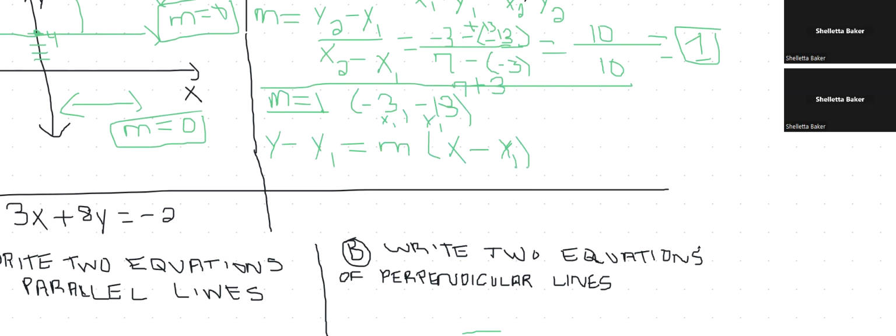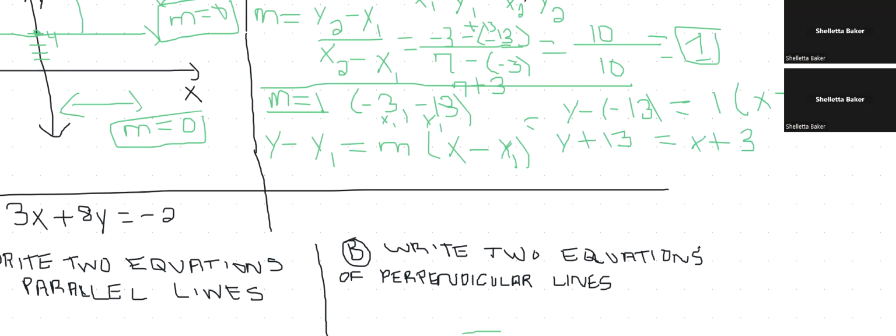So when we do that substitution, we'll get y minus -13 equals our slope, which is 1, times x minus -3. All right, close those parentheses. And anytime we have those two negatives, remember that becomes addition. So that's y plus 13 equals, and then 1 times the x minus -3, that will just be x plus 3.